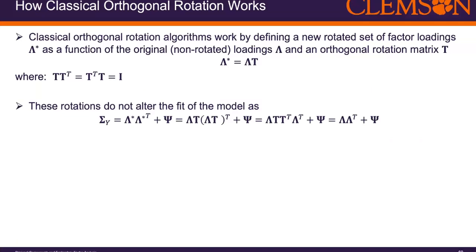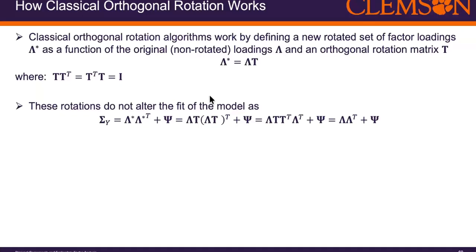How this works mathematically is that if we have a rotation matrix here, I'm going to look at an orthogonal rotation matrix to simplify this just a bit. If we have a rotation matrix T such that our new loadings are the product of our original loadings times this matrix, and again, orthogonal meaning that when you multiply it by its transpose, either pre or post multiplying, you get the identity.